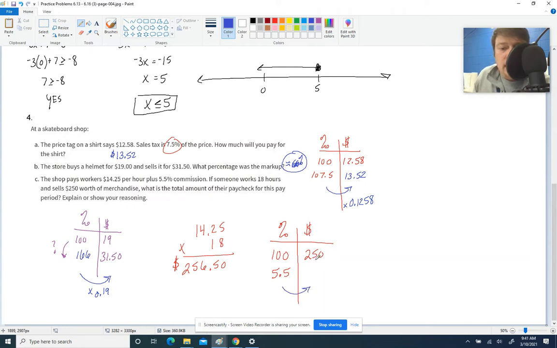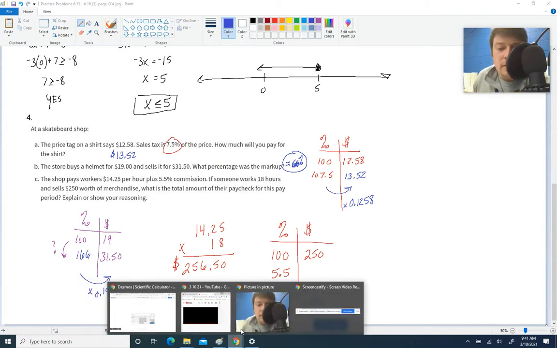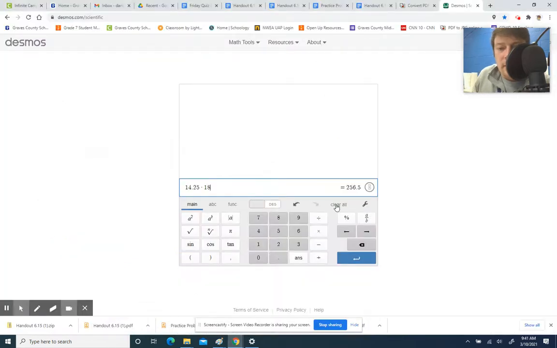Clearly here, our constant of proportionality, we do 250 divided by 100 is 2.5. So we can find how much money we're going to get to keep by doing 5.5 times 2.5. And that gives me $13.75.